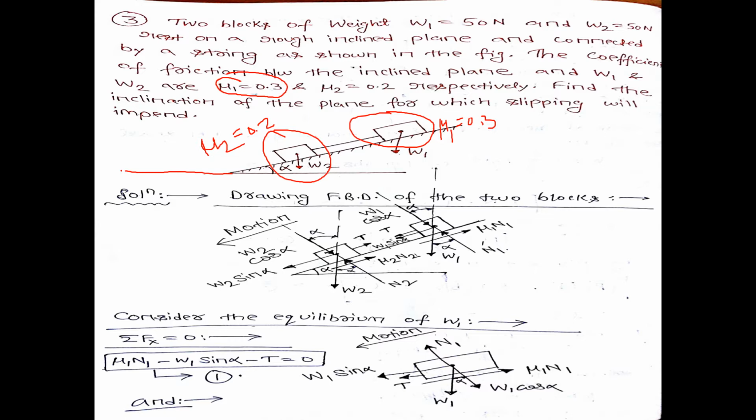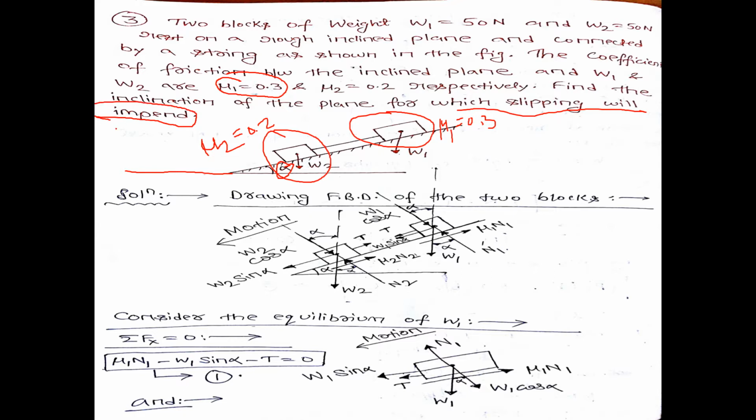But for which condition of the inclined plane do I need to find out the value of alpha? It is given in the problem, if you read the last line, that you need to find out the inclination of the plane, which is nothing but alpha, for which the slipping will impend. This is known as impending motion.